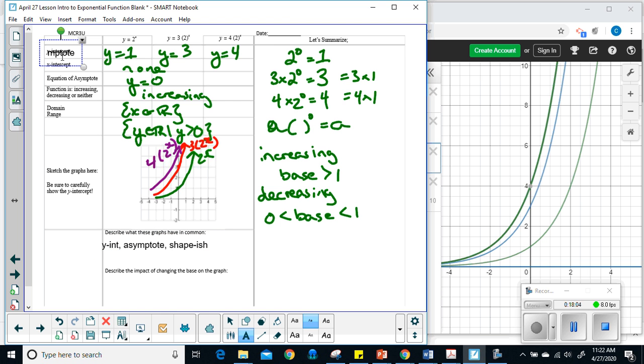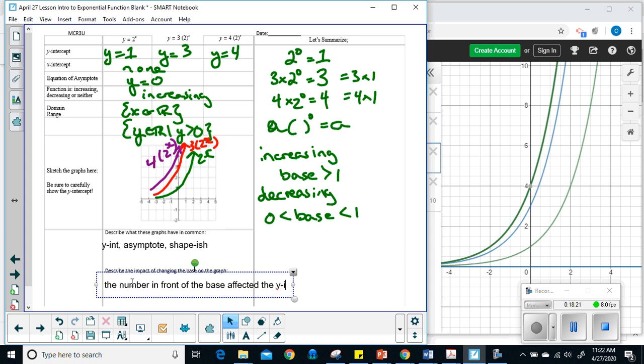So when we change that number in front, that just changed where my y-intercept was, and that's going to be our vertical stretch, and we're going to get into that more tomorrow. The number in front of the base affected the y-intercept. So there we go. That is our introduction to the exponential function.